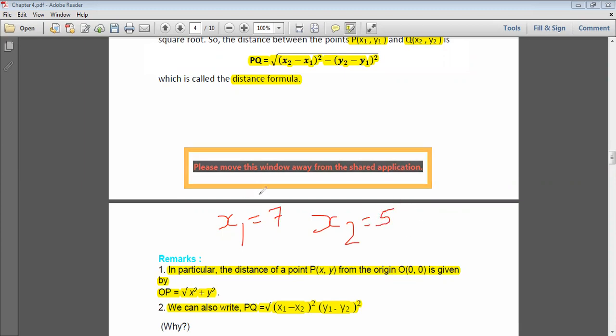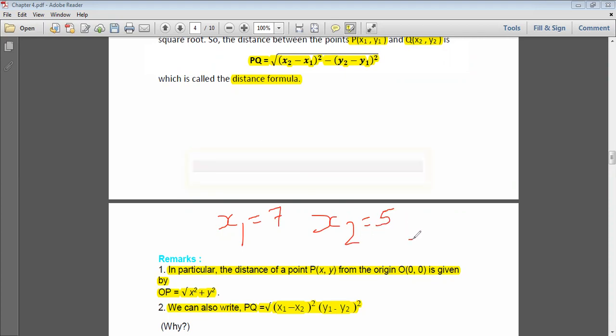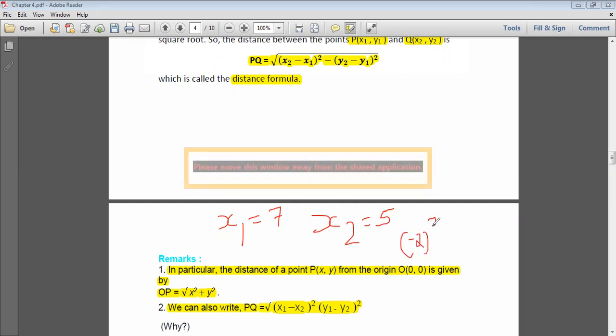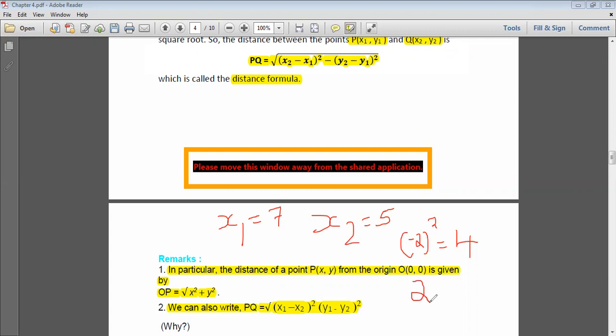What is (x2 minus x1) the whole square? It is (minus 2) the whole square, which is equal to 4. And what about (x1 minus x2) the whole square? It is 2 the whole square, which is also 4.